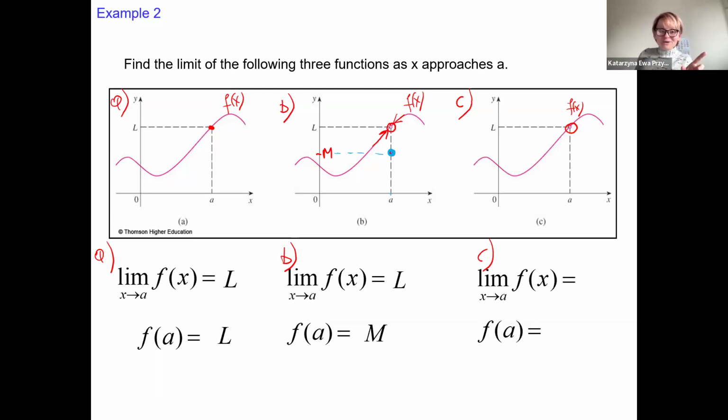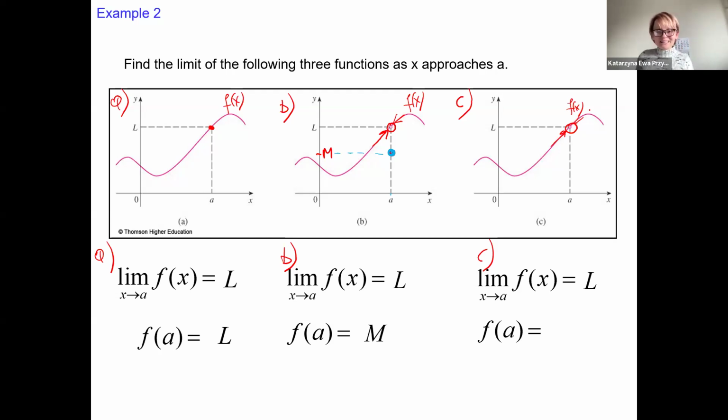Okay, and what about C? What is the limit of the function as x is getting closer to A? How does the function behave? It's still approaching, we can see it's almost the same as example B. We're getting closer to A, and the function is approaching that open dot. The open dot is at the level L, yes? And what is the value here?